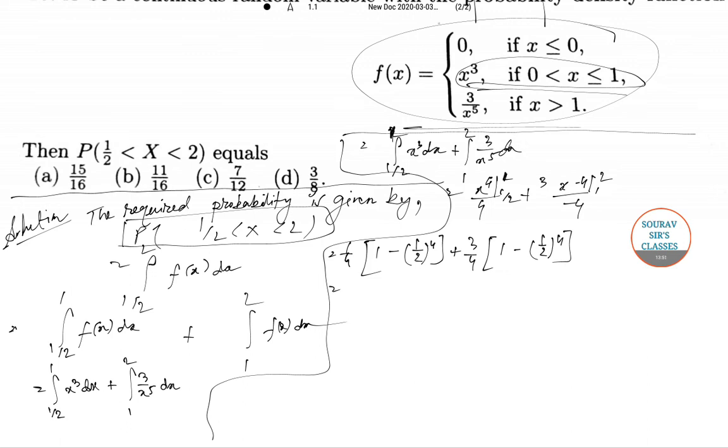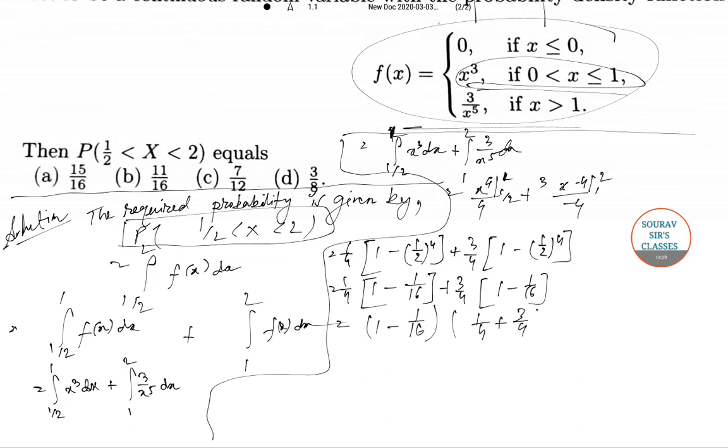Okay, and now this is nothing but 1 by 4 into 1 minus 1 by 16, plus 3 by 4 into 1 minus 1 by 16. After taking 1 minus 1 by 16 common, we get it multiplied by 1 by 4 plus 3 by 4.